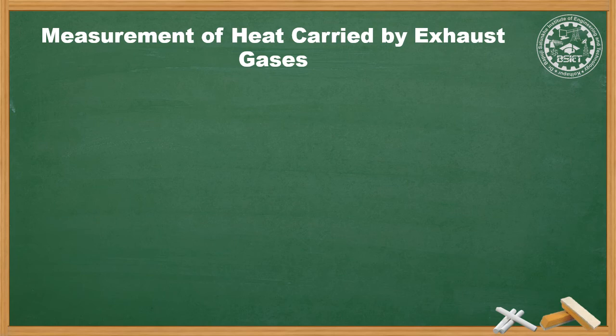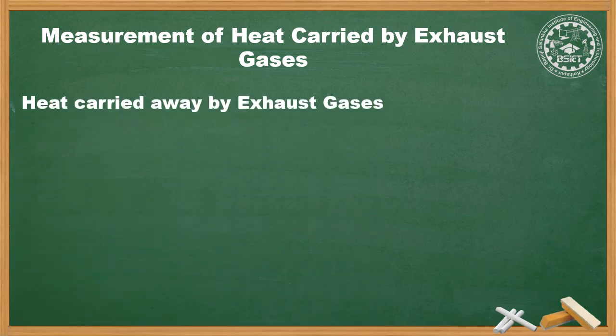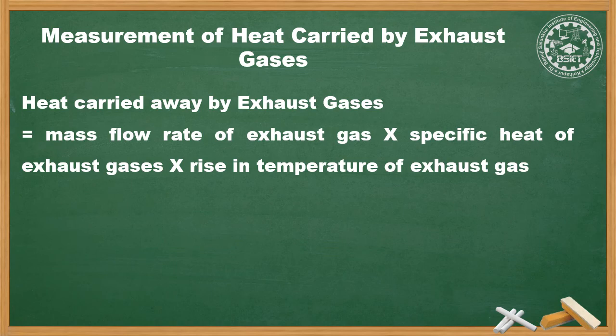The heat carried away by exhaust gas is calculated by mass flow rate of exhaust gas into specific heat of exhaust gas into rise in temperature of exhaust gas, that is given as ME into CPE into TE minus T room, where ME stands for mass flow rate of exhaust gas, CPE stands for the specific heat of exhaust gas, TE stands for temperature of exhaust gases, and T room stands for room temperature.